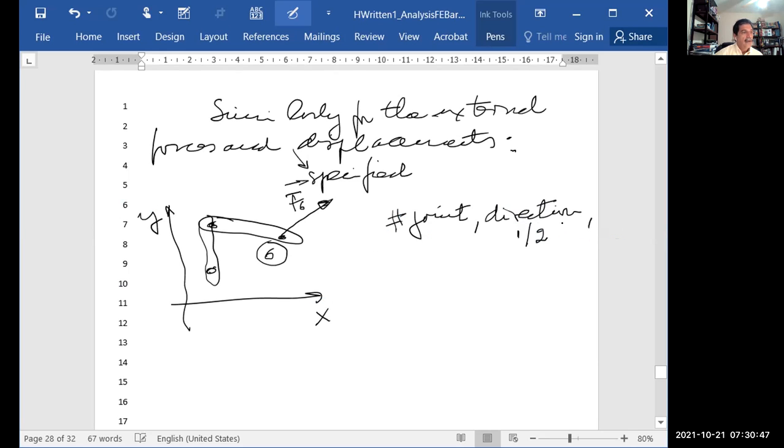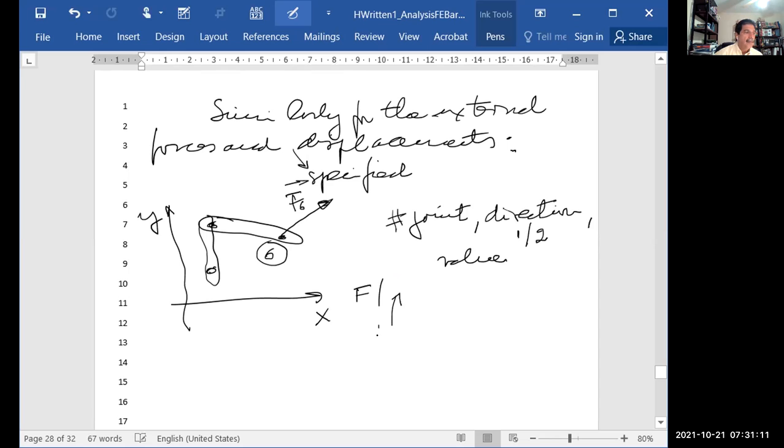And also the value. In this case, for example, I would say that the force is applied in the... well, we need to specify the number of the external forces.